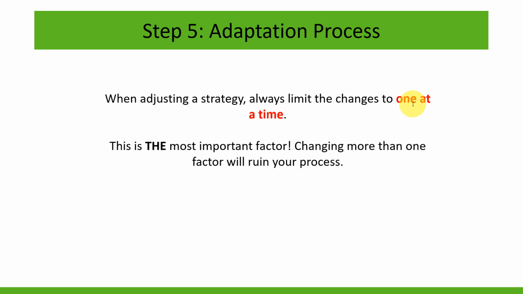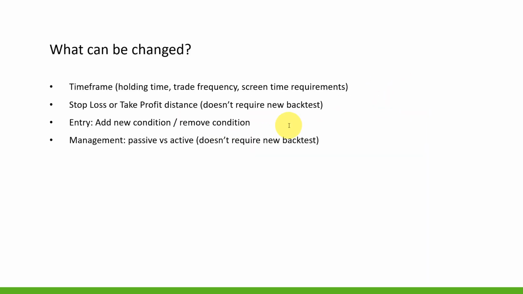But if you only make one change, for example only change the stop loss, and your strategy gets better, then you know the stop loss change is actually helpful. It made the strategy better, and that is what you want to get at. You want to find out what makes the strategy better and what makes it worse. And to do that, you have to make only one change at a time. That's the key in this process.